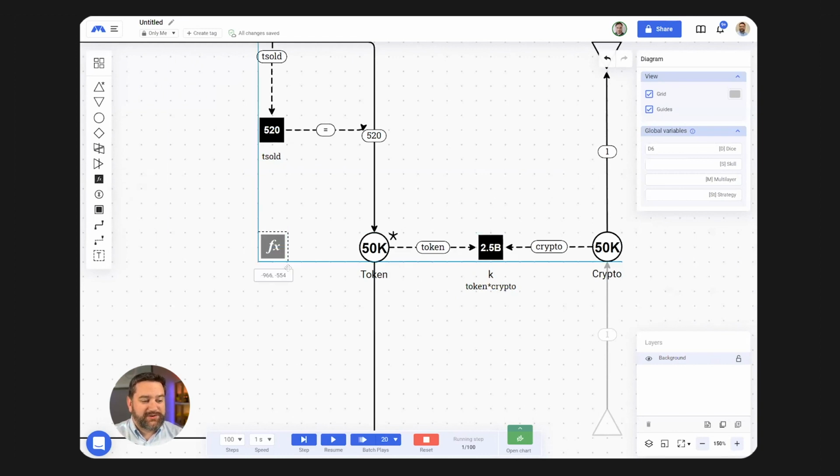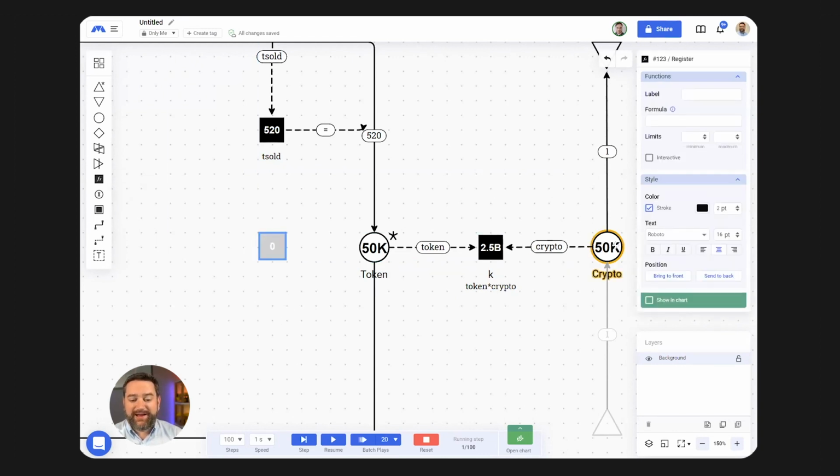So in order to work out how much crypto we need to take out of our AMM based on the number of tokens that we're putting in, we need to do some maths. Now, the part that probably took me the longest to get my head around when I was trying to understand AMMs for the very first time is that in most ways, when you buy or sell something, the price is calculated at the start of that transaction.